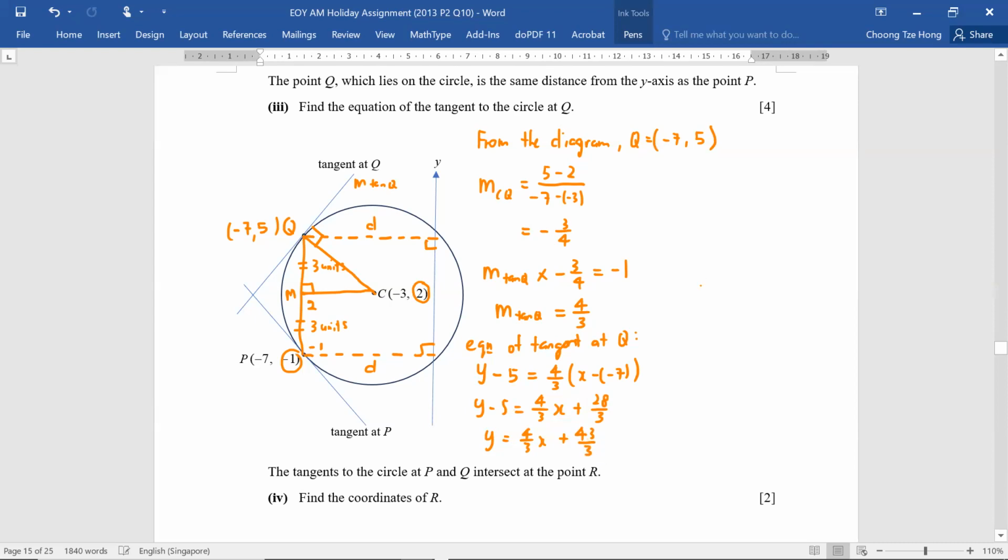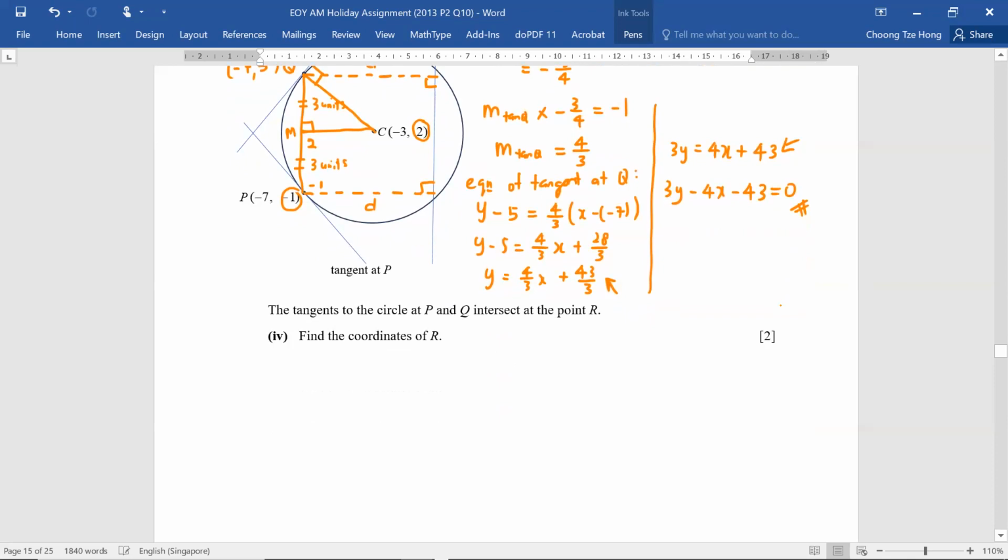Let's put it in a similar form as part 2. Times 3 throughout, so you get 3y equals 4x plus 43. So 3y minus 4x minus 43 equals 0. This will be the answer. Technically you can leave your answer in this form or that form, it's equally fine.